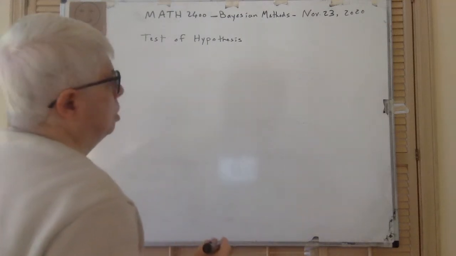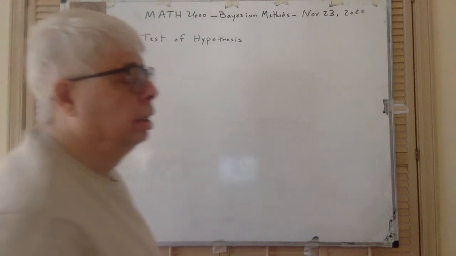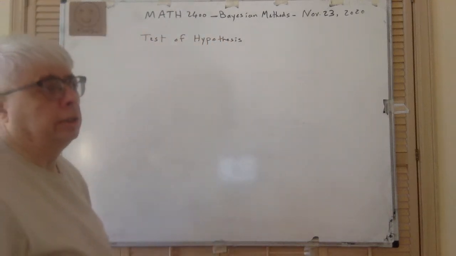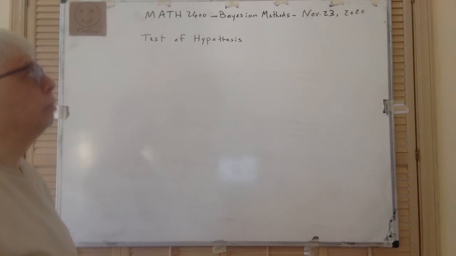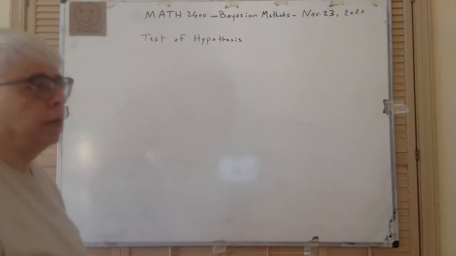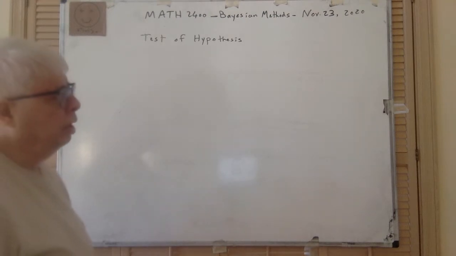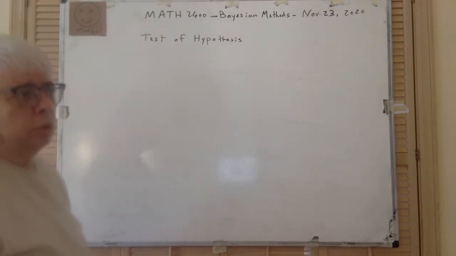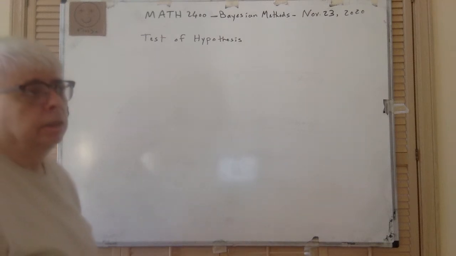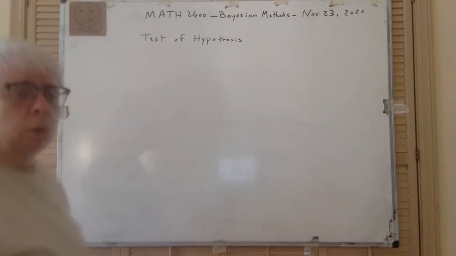Test of hypothesis is something like saying, I think that the coin is fair, which means that small p is 1/2. So that's your hypothesis, what we call the null hypothesis, versus the second one, which I assumed, 12/20, which we call the alternate hypothesis. Those are the terminology they use.